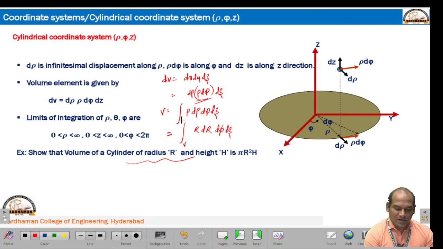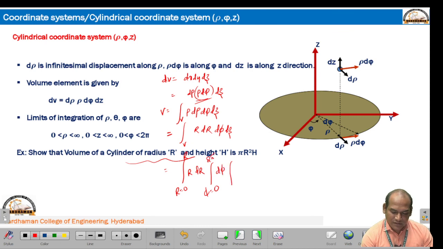This is the volume integral. Now, I am splitting it into 3 integrals. So, r is from 0 to r, this is r dr, phi is from 0 to 2 pi d phi, z is changing from 0 to h dz.